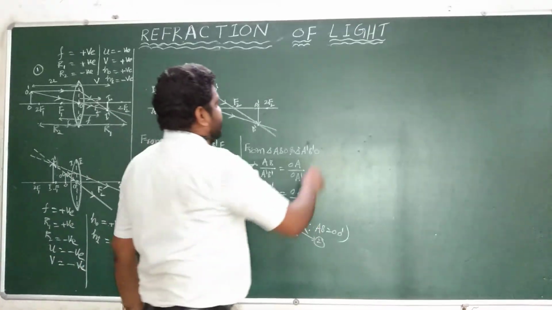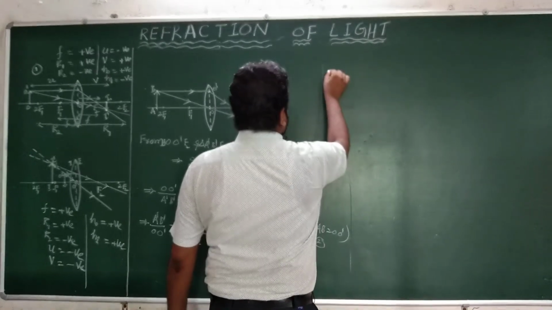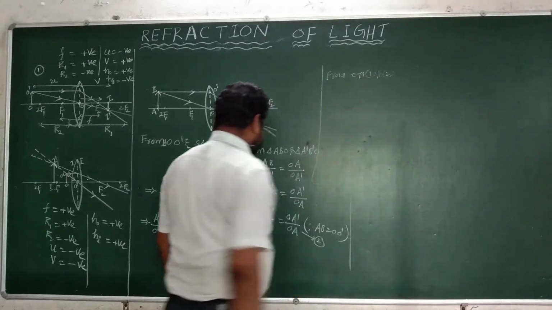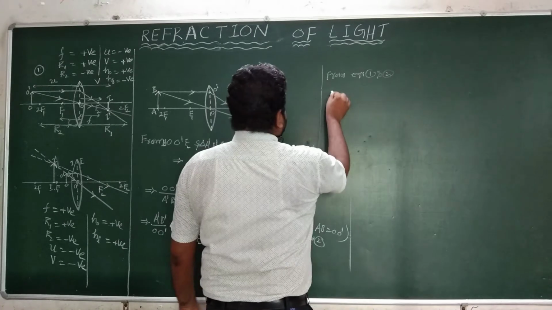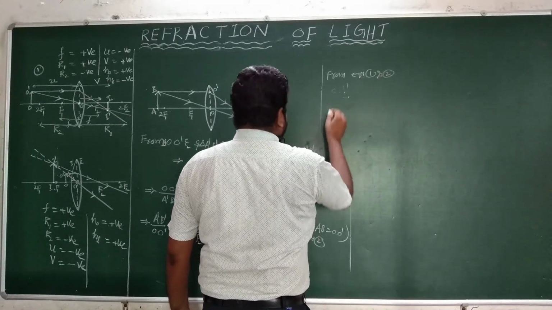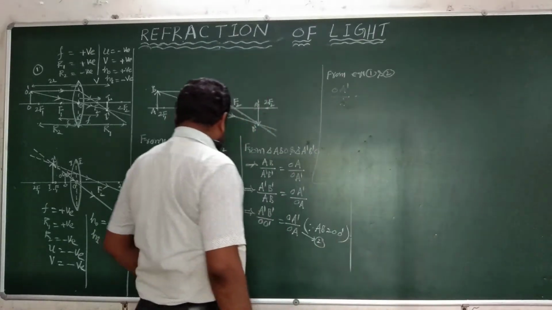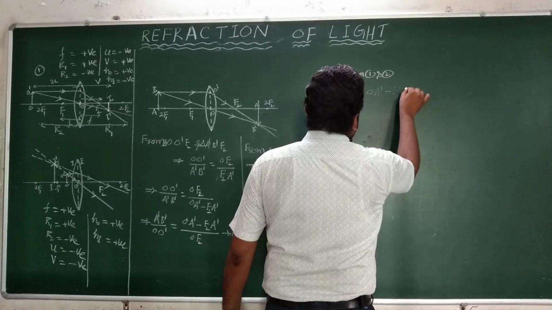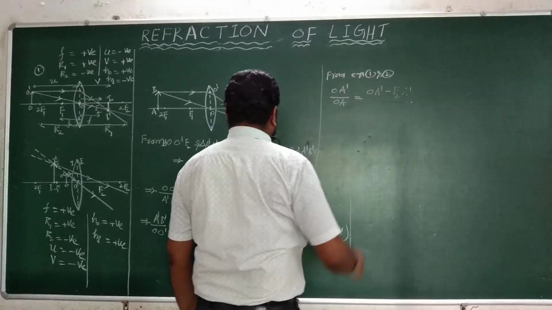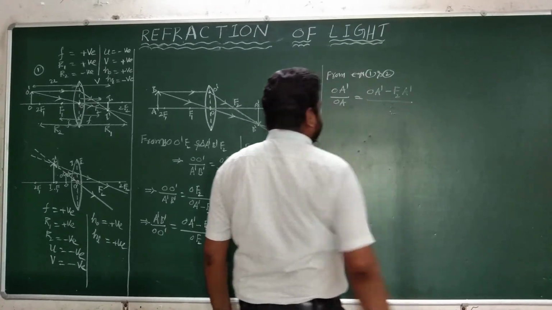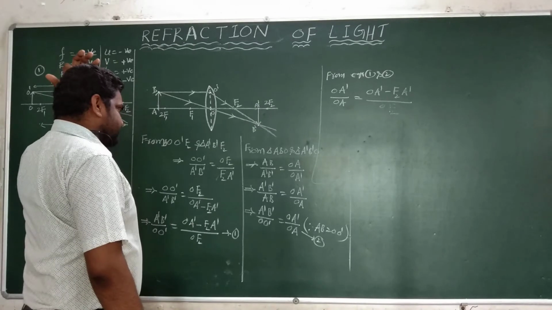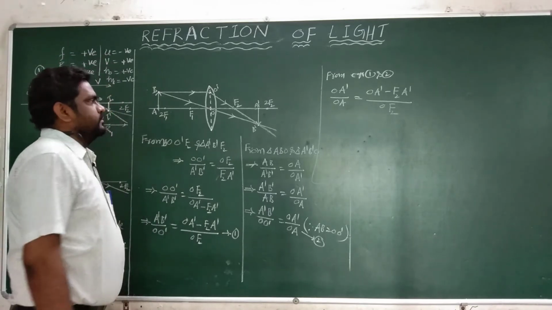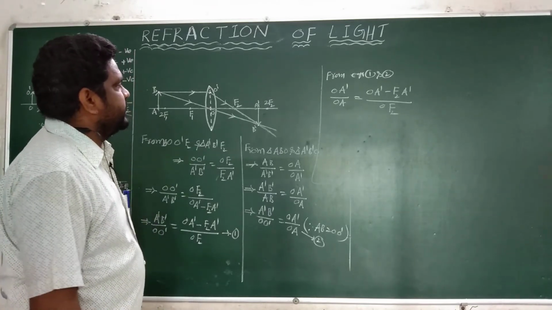So from equations 1 and 2, I want to write like this: OA dash divided by OA equals OA dash minus F2A dash divided by OF2. See here, OF2, F2A dash.